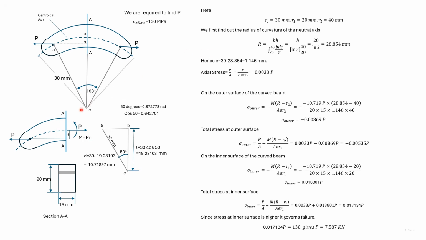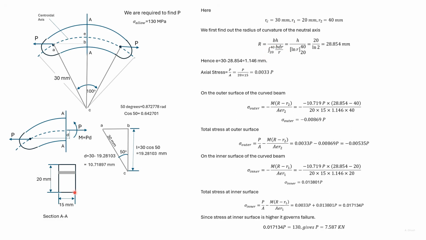We are given the radius of curvature of the centroidal axis and also the height of the rectangular beam. So we can find R1 and R2. For this problem, the radius of curvature of the neutral axis can be given by this expression.